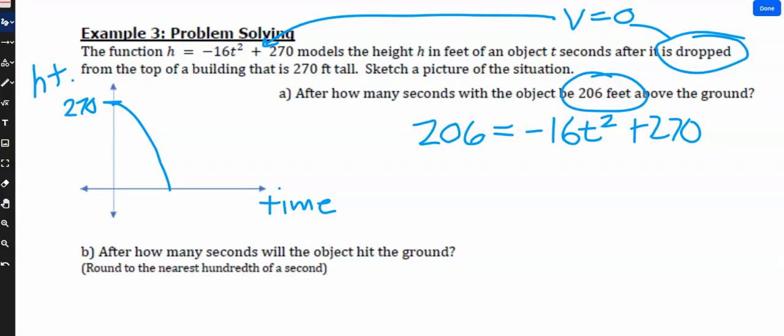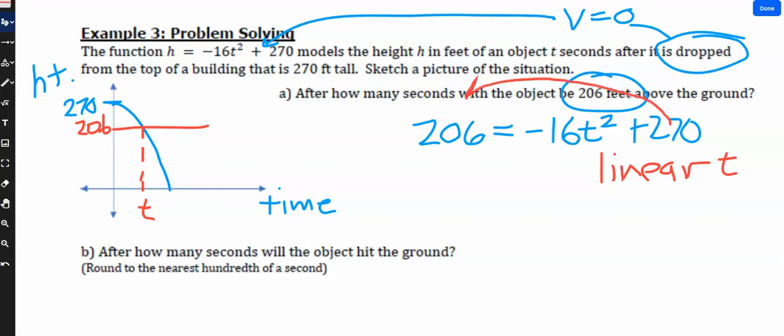You know, 206, maybe it's right there. And how much time? That is an x value, but we'll use t because that's the letter they used. Okay, so 206, and we're trying to find that. Now, is there a linear t? Nope. That means I can move this to the other side by subtraction.